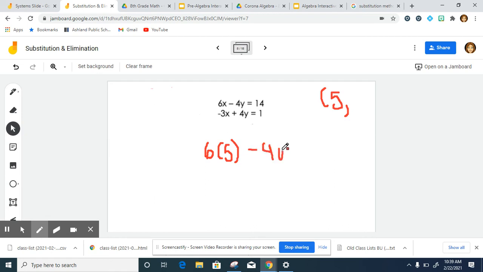So now we have an equation that just has y in it, so we can solve for whatever y is. So 6 times 5 would be 30, minus 4y equals 14.